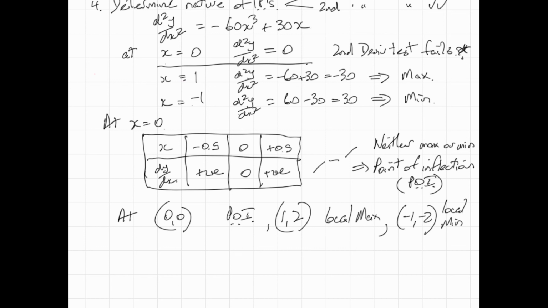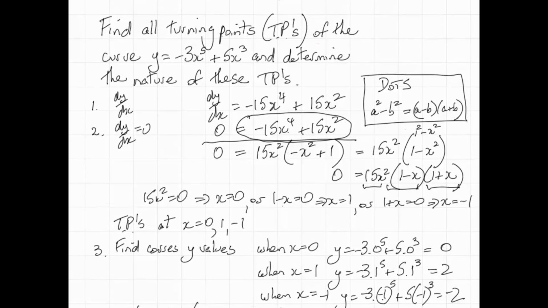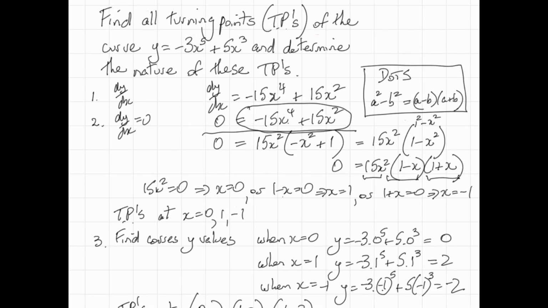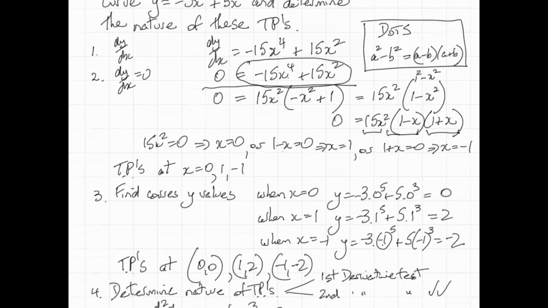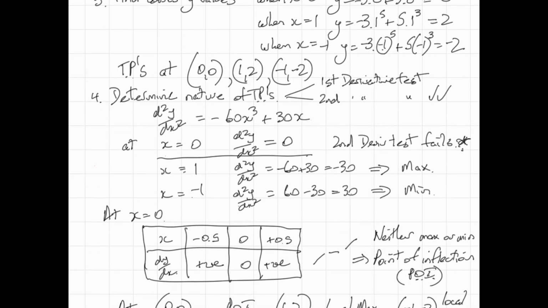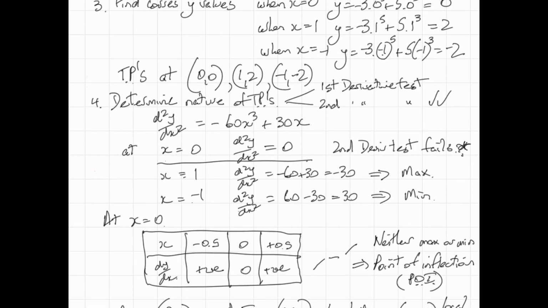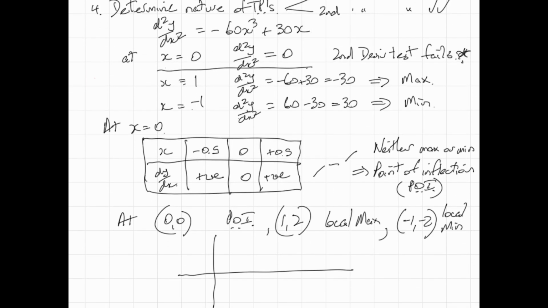It was not necessary to sketch it, but what would it look like with a sketch? Well, the original function was -3x to the 5th plus 5x cubed, and so it is going to go through the origin.